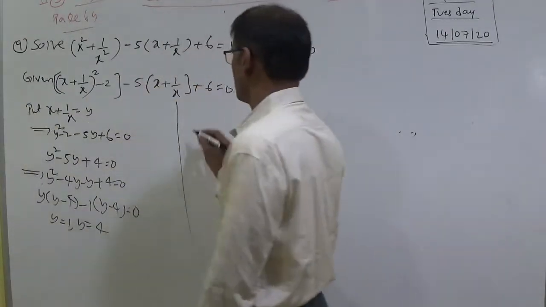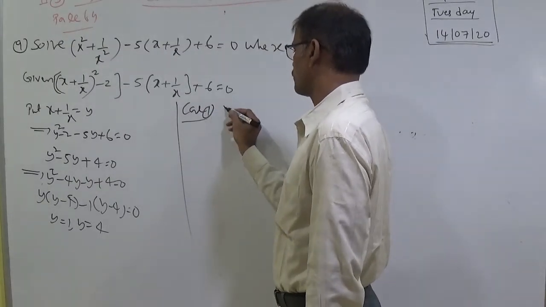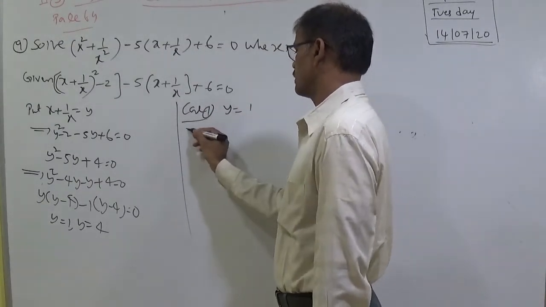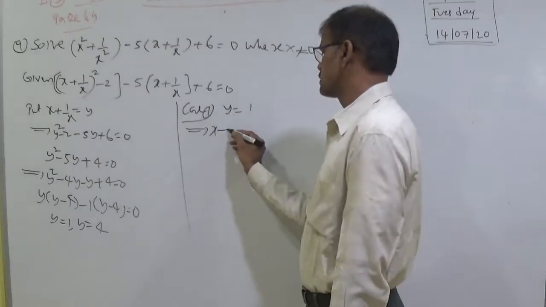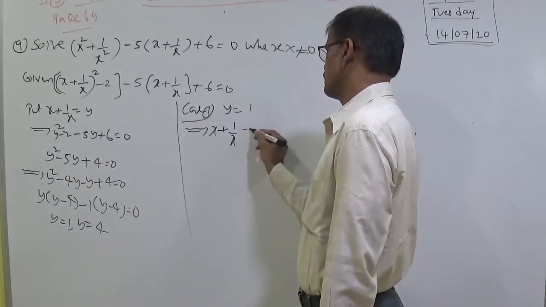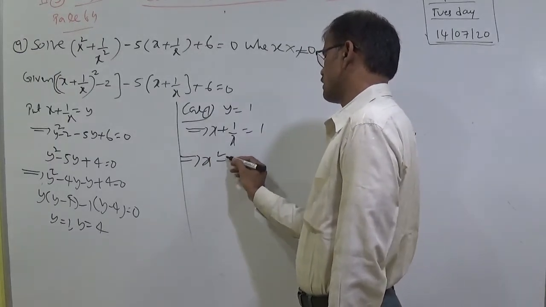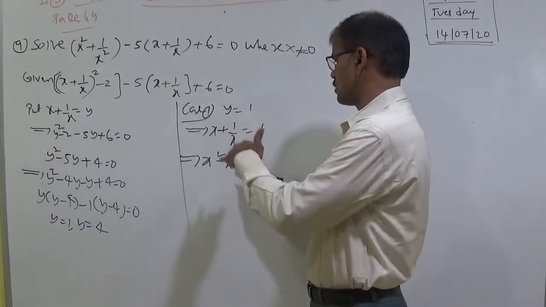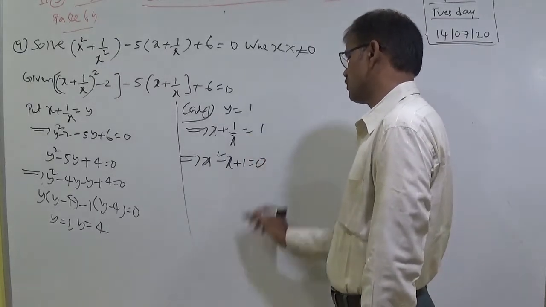Two cases arise. Case 1, y is equal to 1. That implies y meaning x plus 1 by x, x plus 1 by x equal to 1. So we can write this one as x square minus x plus 1 equal to 0.